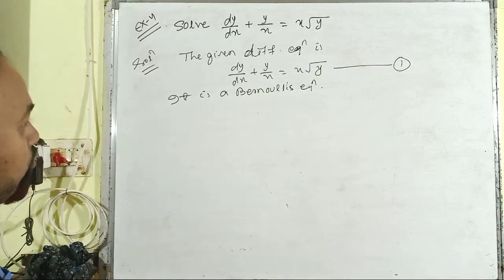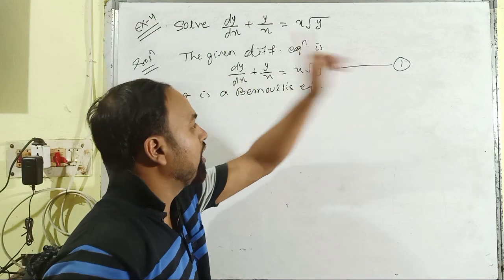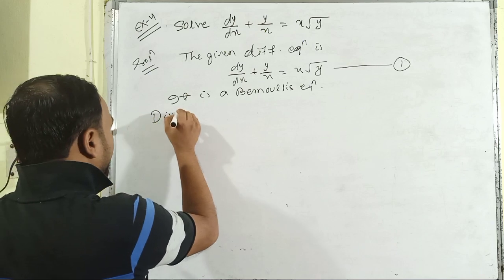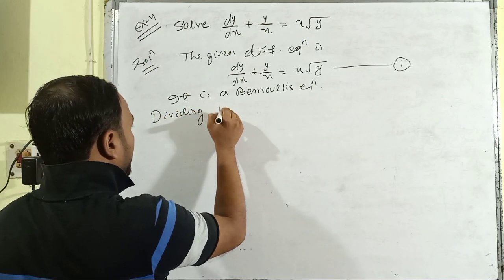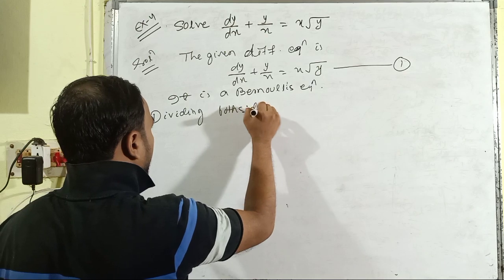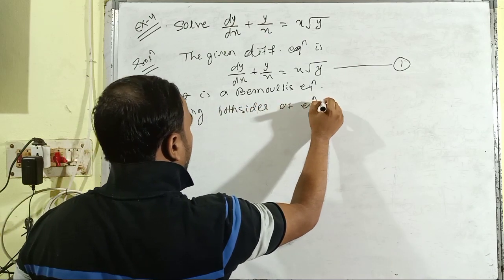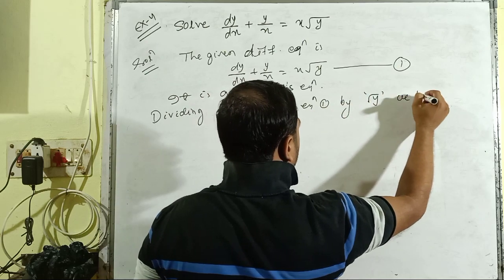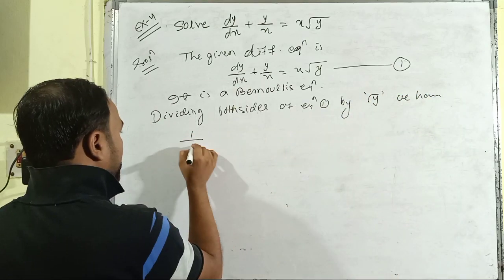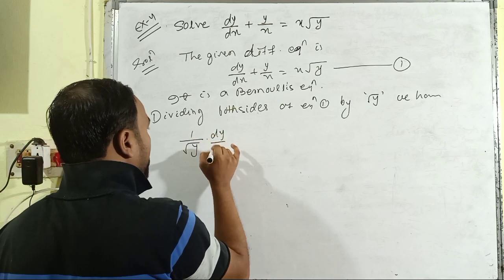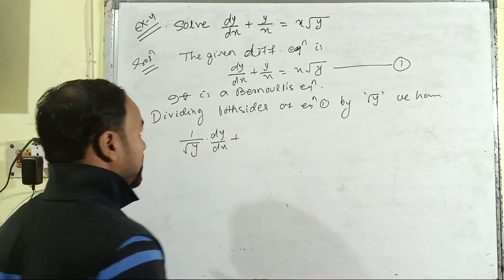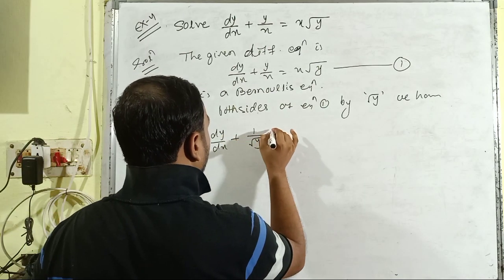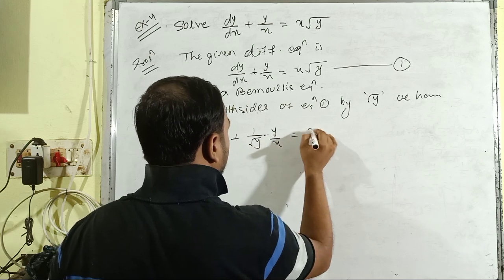So first of all, we have to divide both sides of equation number 1 by square root of y. Dividing both sides of equation 1 by square root of y, we have 1 upon square root of y dy upon dx plus, then dividing, it will be 1 upon square root of y upon y upon x, it is x.